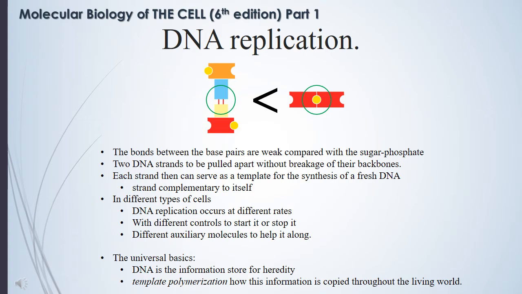But the universal basics of DNA include the simple truth that DNA is the information storage for heredity, and the template polymerization is the way the information is copied from cell to cell, from animal to animal.